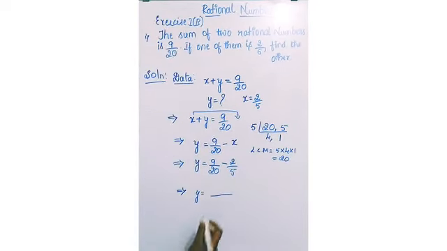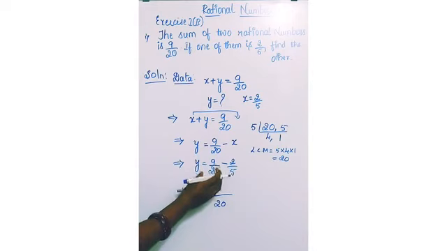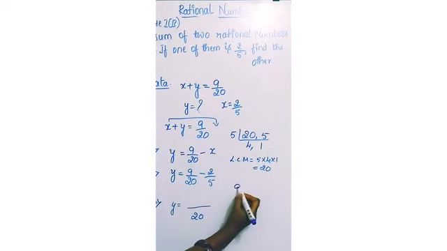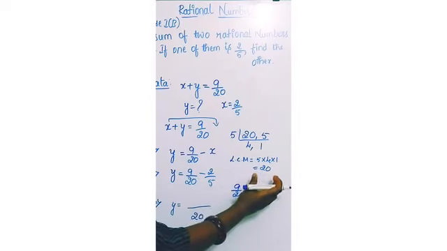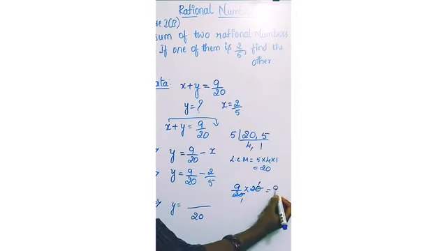So y equals, with denominator 20 for both numbers. Now we need to find the numerators of the individual rational numbers. First I'll take 9 by 20 and multiply with the LCM: 20 ones are 20, and 9 ones are 9.